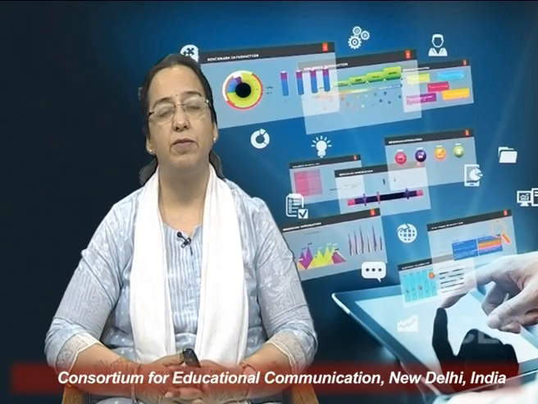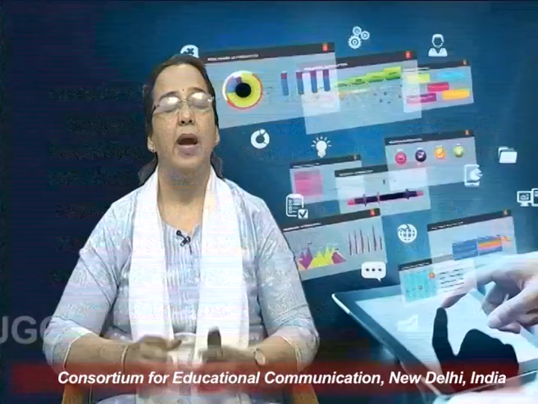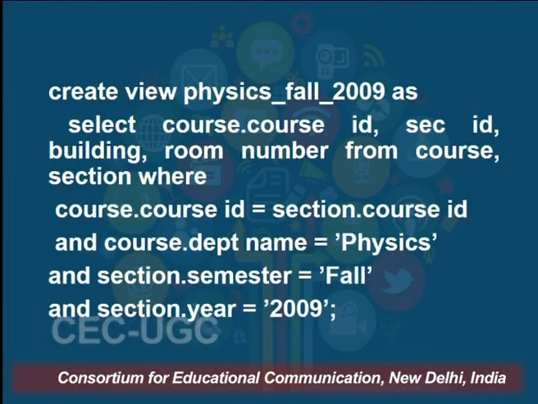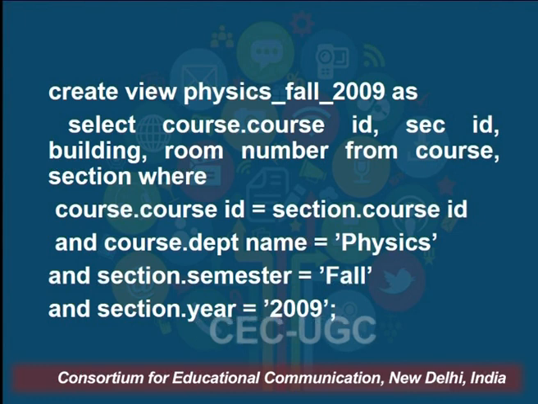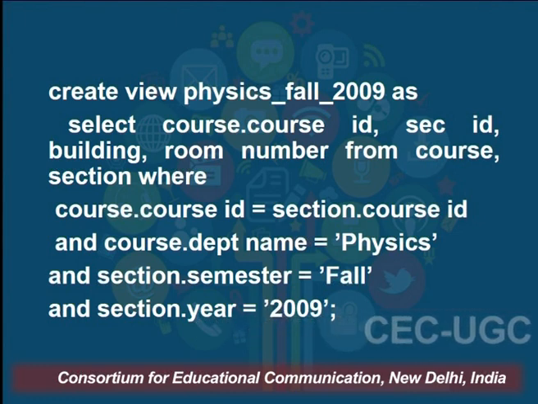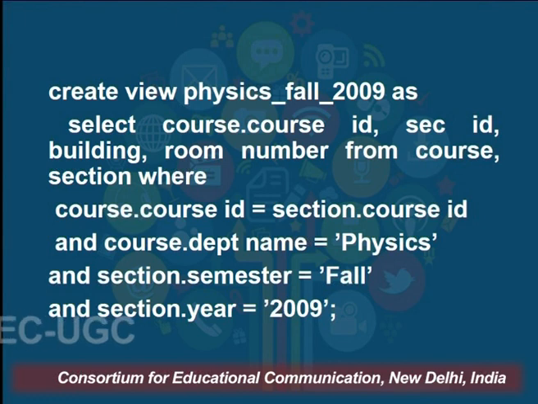So here is the definition of the view available on the screen, and we can see we have create view and the view name, and after this view name we have given the query which we discussed earlier.